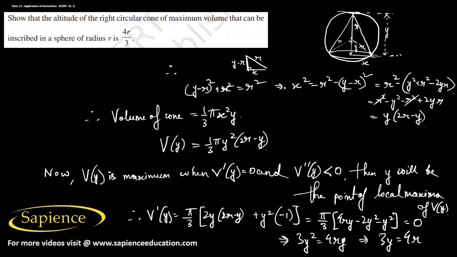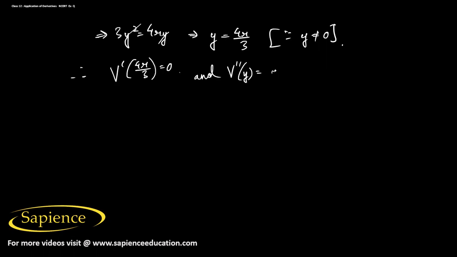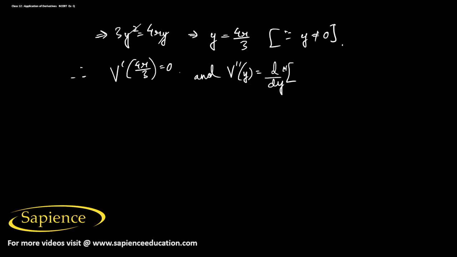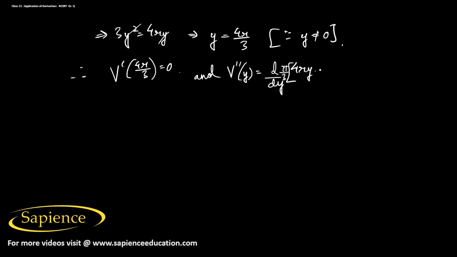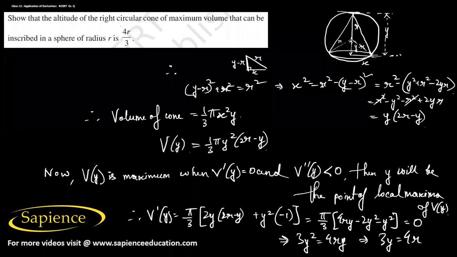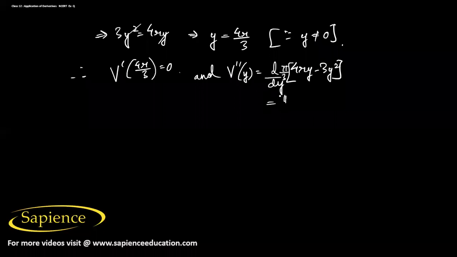That will be d by dy of the function, where pi by 3 will come outside. This will be (4ry minus 3y square). Pi by 3 is a constant, so it comes outside, and this is 4r minus 6y. This is v double dash y.